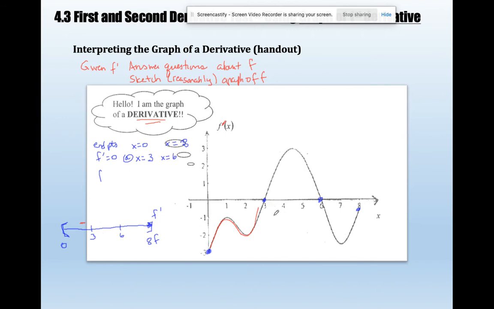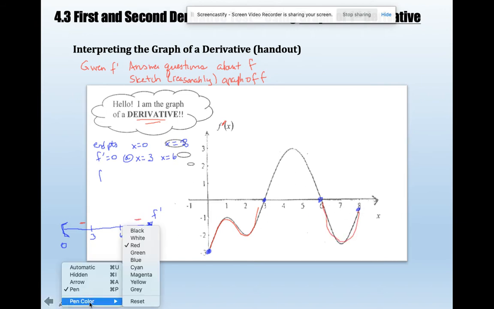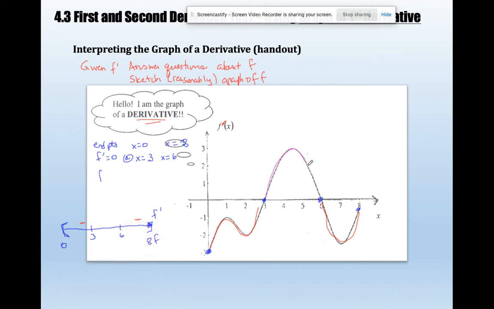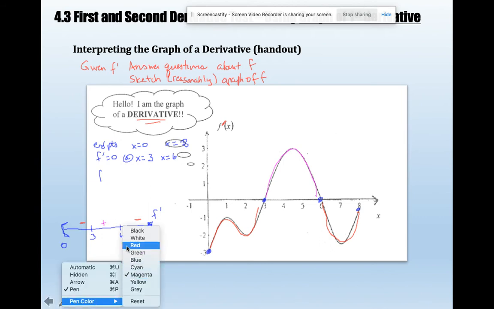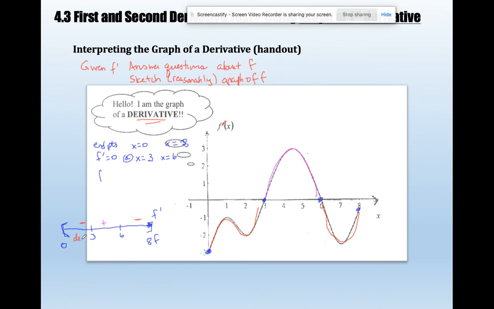My first derivative is also negative from 6 to 8. But the first derivative is positive from 3 to 6. Therefore, the graph I do not see is decreasing from 0 to 3, increasing from 3 to 6, and decreasing from 6 to 8.